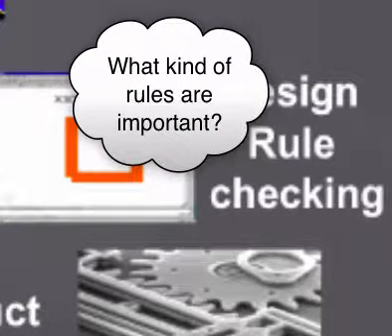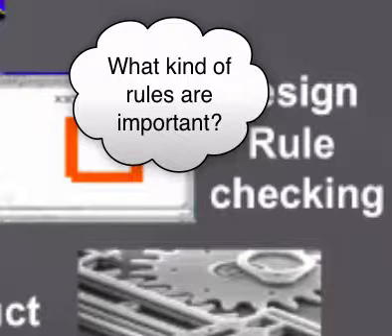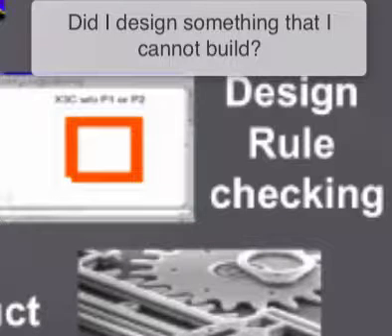Any ideas? First thing, will it survive all the environmental variables it's going to be exposed? Okay, but that's not really part of the design rule checking. Design rule checking is all about, did I design something that I can't build?